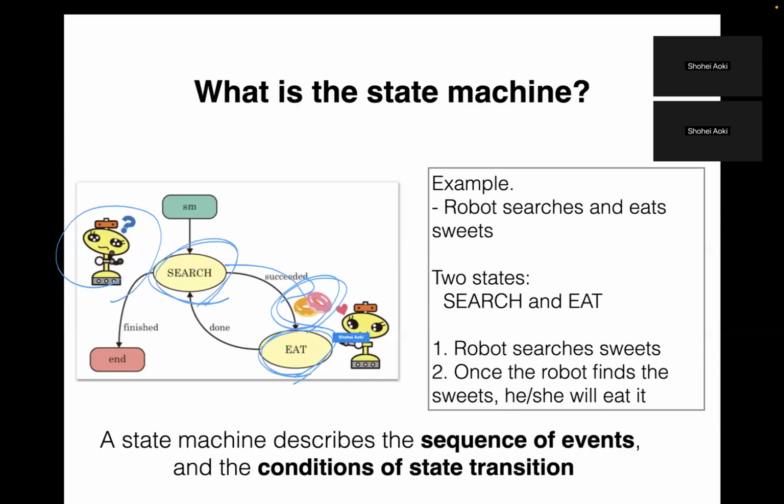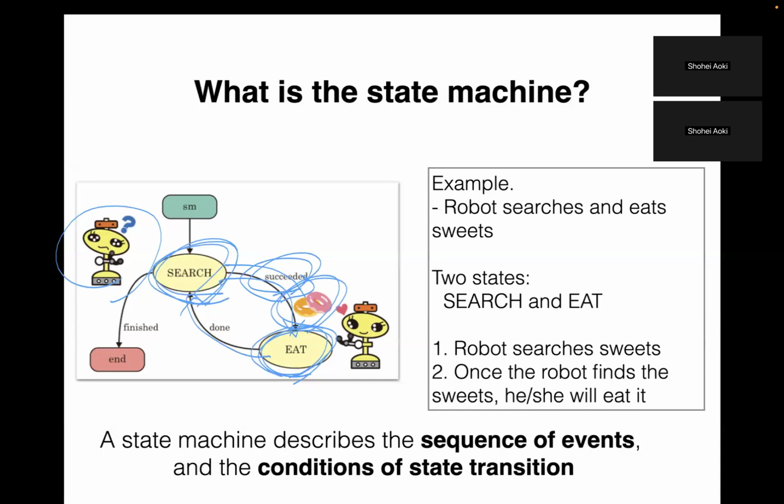And the transition is defined. So this is a criteria to evaluate the transition. Once it's successful, it moves, and once eating is done, it will move back to the search position. And there might be some other criteria, which is to finish the operation.